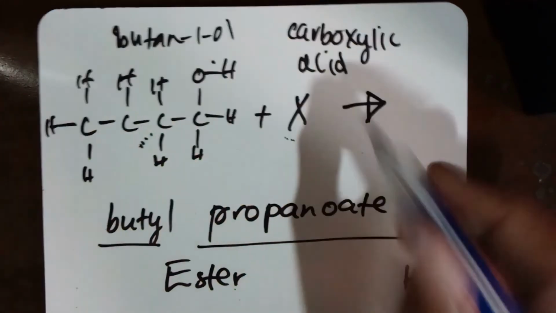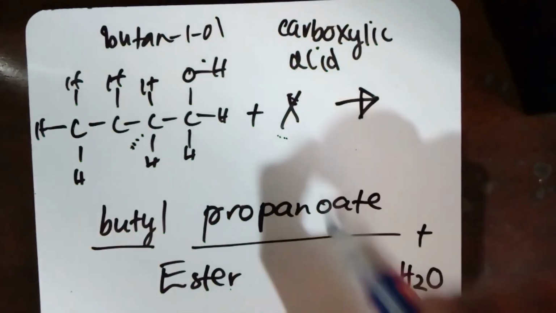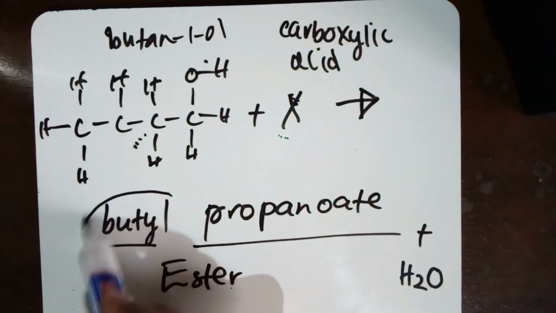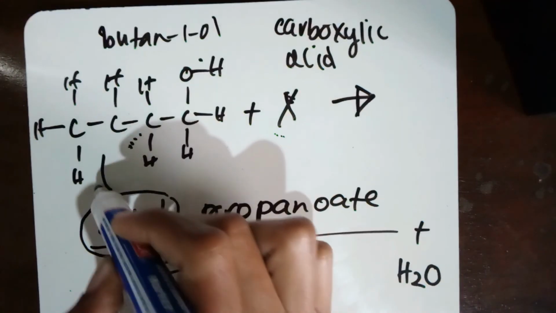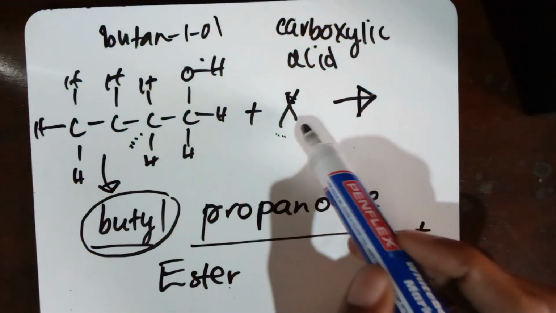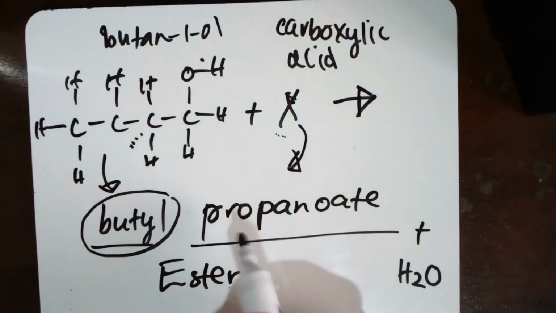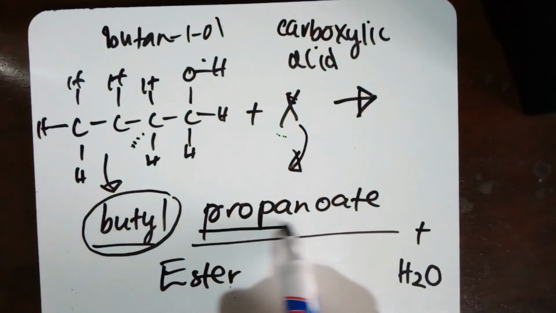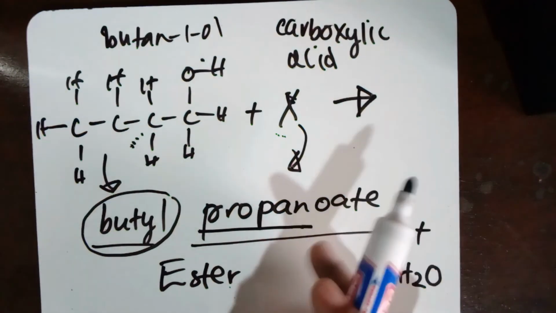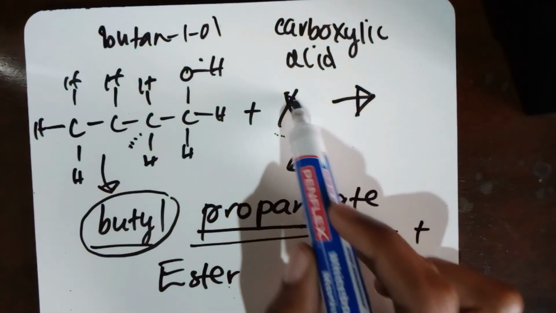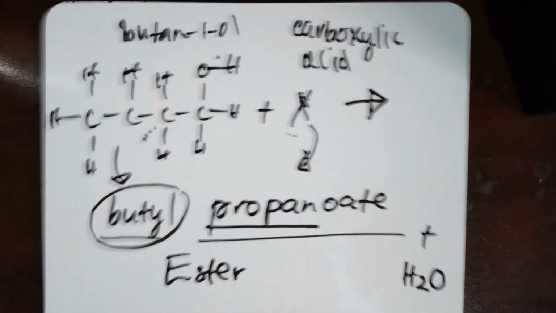So now how do we find what acid that is? The butyl part of the name comes from the alcohol, and the propanoate part of it comes from the carboxylic acid. If you look at this part here, propan, it is telling us that this carboxylic acid has 3 carbons on its chain.